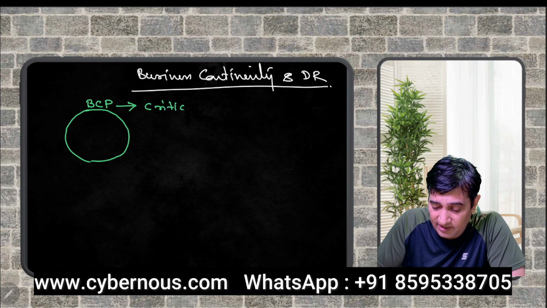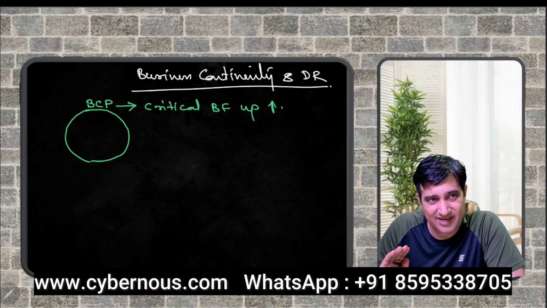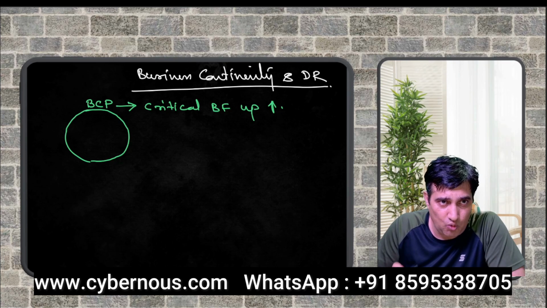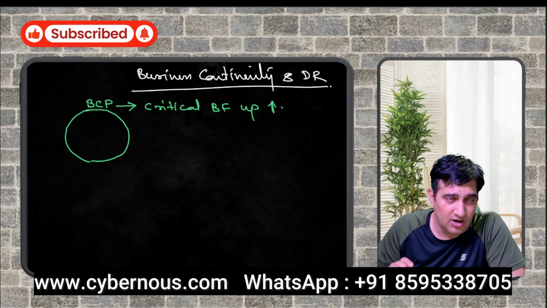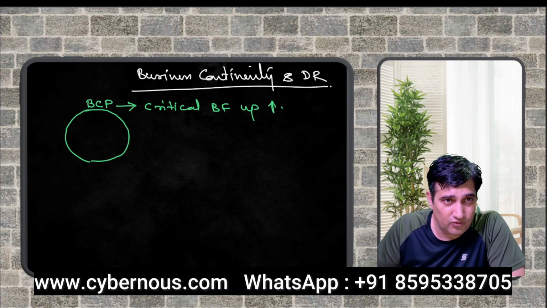Bring the critical business functions up as soon as possible. That is the entire focus of business continuity. So it is more of a management decision which you have to take beforehand. Okay, if we are flooded by some kind of flood or something like that, what is the strategy we are going to follow?